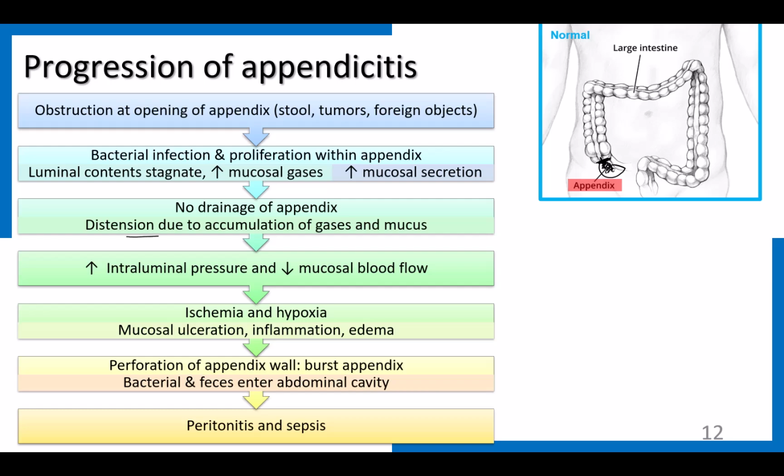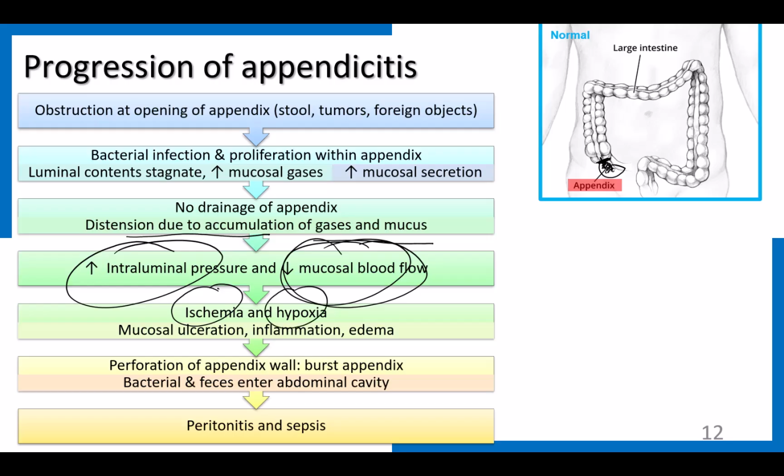And so the appendix is distended, blows up, increases in size due to accumulation of gases and mucus. Intraluminal pressure increases. Blood flow to the appendix decreases. Because blood flow to the appendix decreases, you end up with ischemia and hypoxia. And again, if that continues on for longer, it can perforate and then burst, and then you end up with peritonitis, where the contents of the colon then enter into the abdominal cavity and you end up with sepsis.